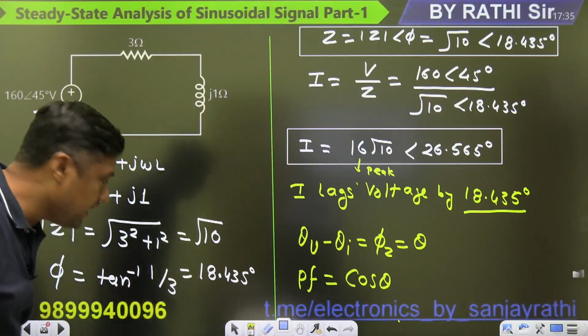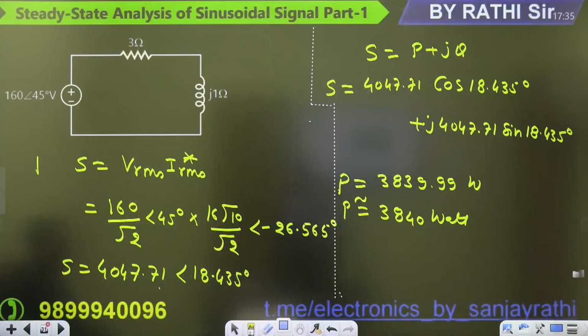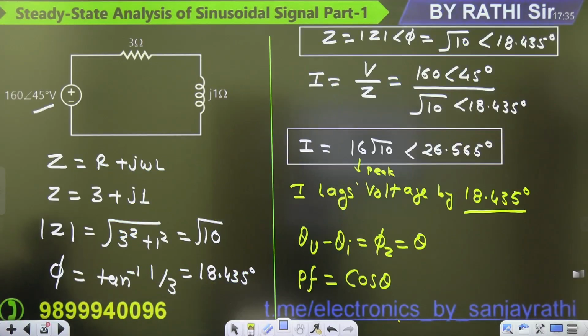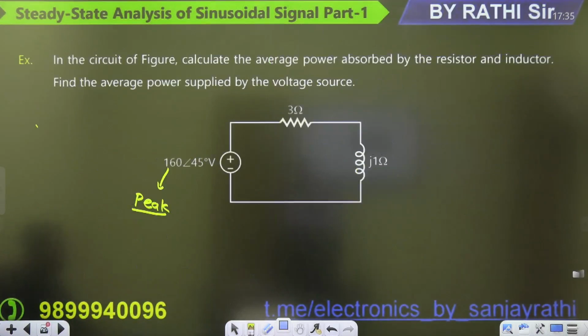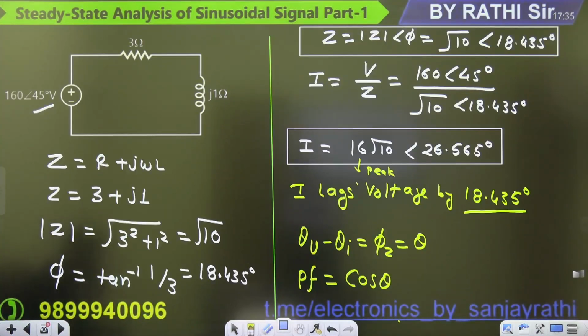When we are calculating the complex power, we have to find the complex conjugate of I RMS. When we take the complex conjugate, if the angle is negative, then it will become positive. If it is positive, then it will become negative, and so on. Where have I taken the negative? Tell me, in which equation do you have the doubt?